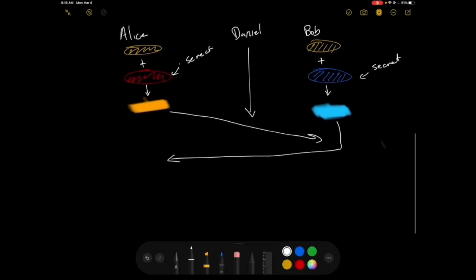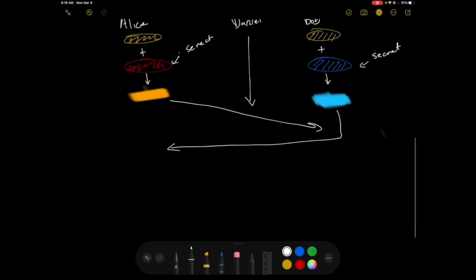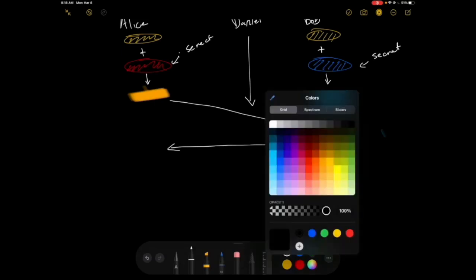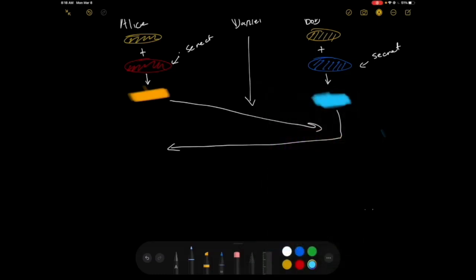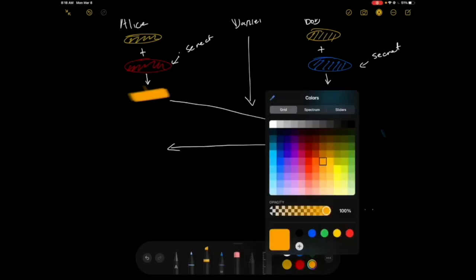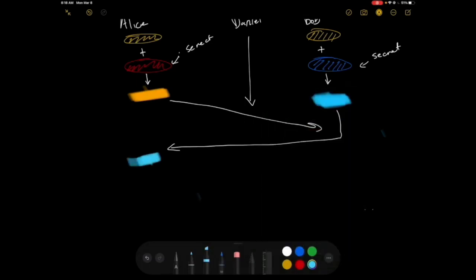And then what Alice will do is she'll combine Bob's public color, this beautiful blue, with her secret color, which is this red.